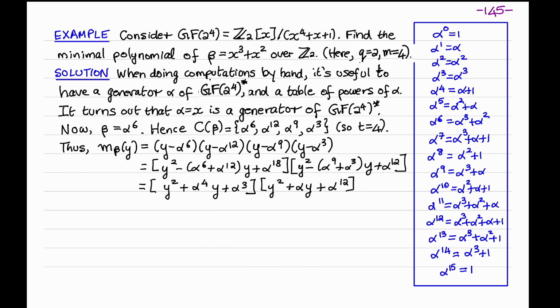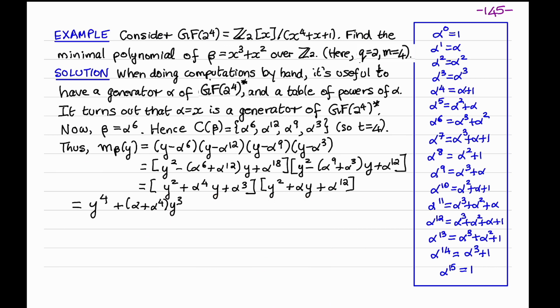Now I'll multiply these two quadratic polynomials together. So y squared times y squared gives me y to the 4. I get cubic terms by multiplying this quadratic term with this linear term, and this linear term with this quadratic term. So this gives alpha plus alpha to the 4th times y cubed.